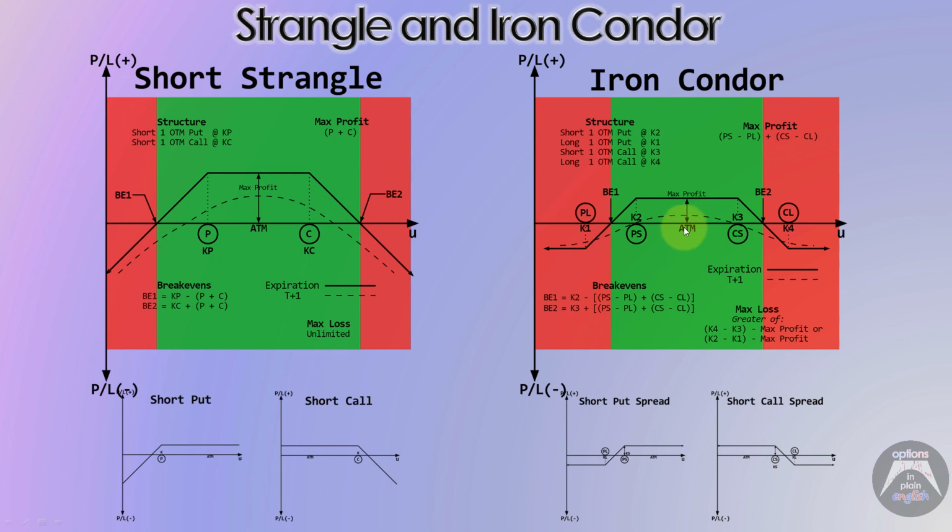Now, the advantages of an Iron Condor, of course, max loss is predefined. And that's a big advantage, because also when a position starts moving against you, the buying power reduction for a Strangle is going to be a certain percentage of your notional value at the beginning. But if it starts going against you, that buying power reduction is going to start increasing. So it's not constant, it's dynamic.